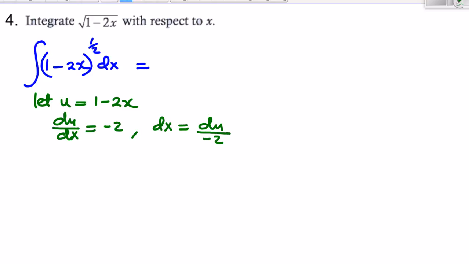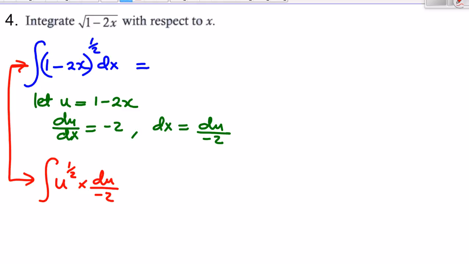And now, this means that this integral will become u to power a half multiplied by du over negative 2.